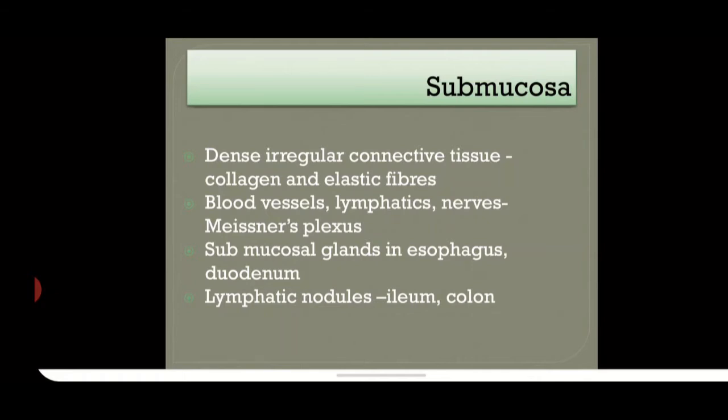In the remaining parts of the GIT, the glands will be present in the mucosal layer, in the lamina propria. And in the submucosa, in the ileum and colon, you can observe the lymphatic nodules. So these are the features of the submucosa of the GIT.